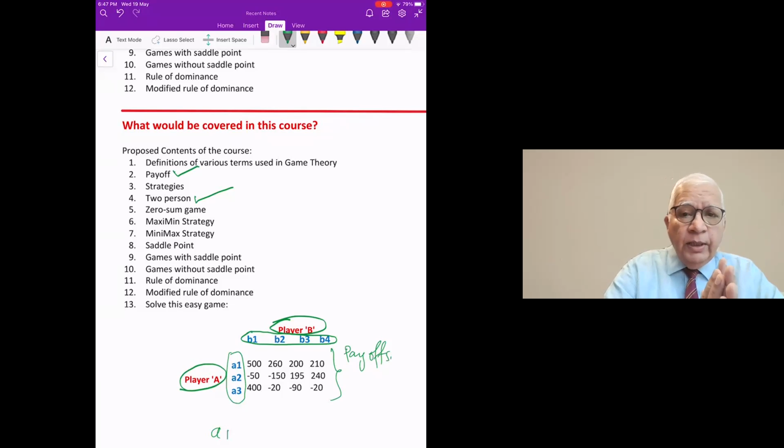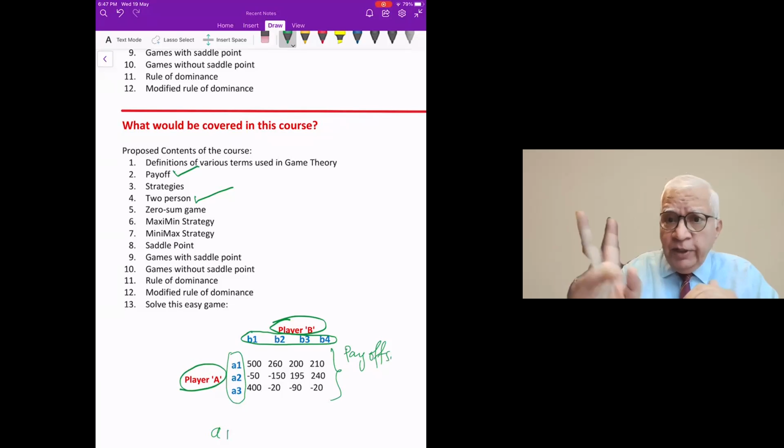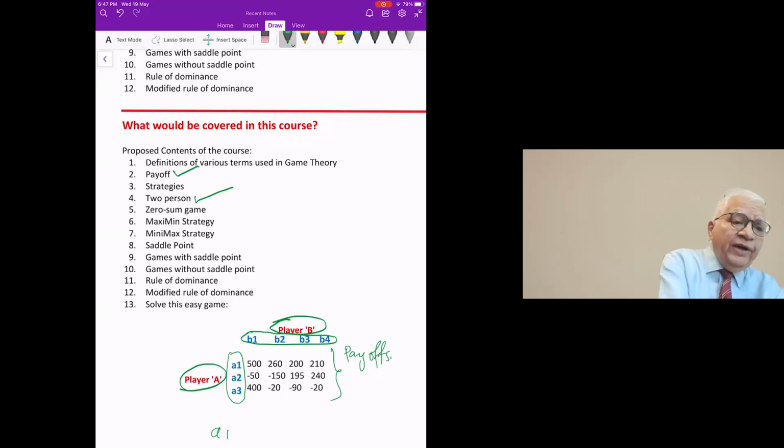What does it mean? For example, if you see the intersection of strategy A1 with B1, the number indicated is 500.